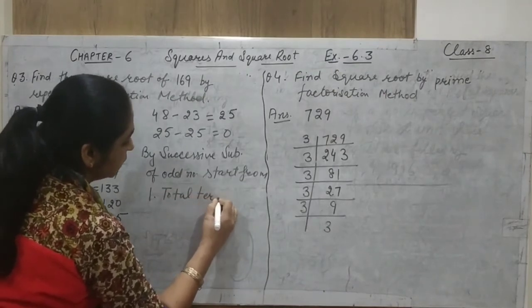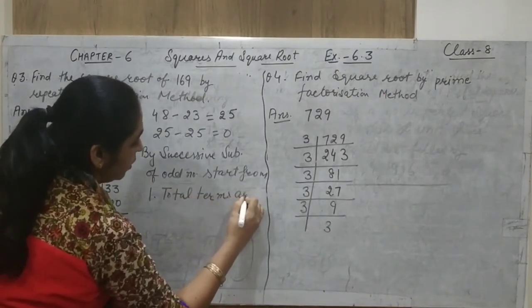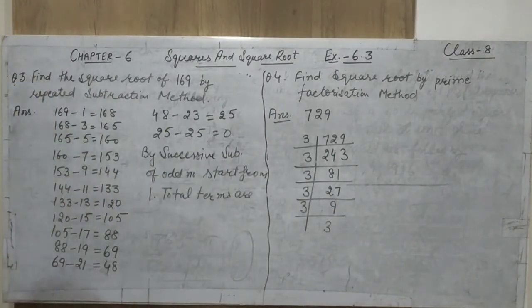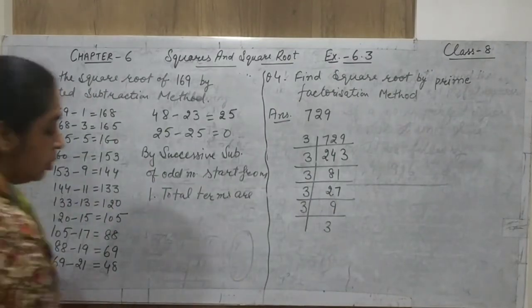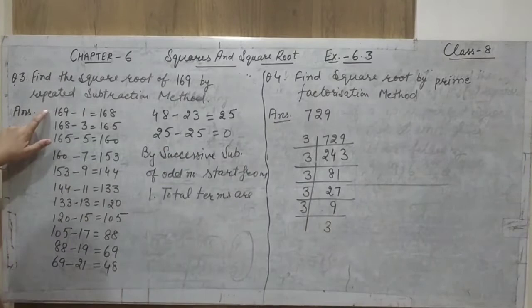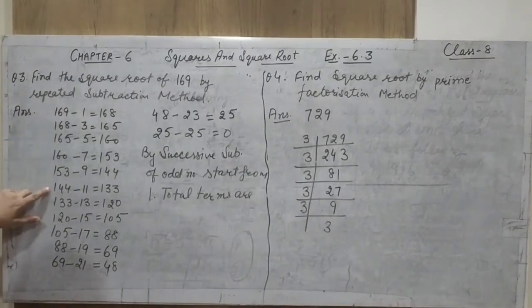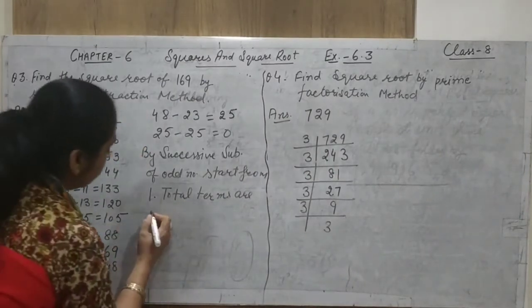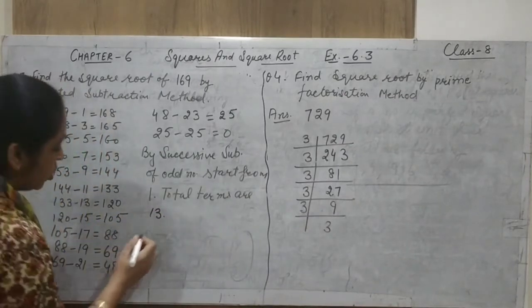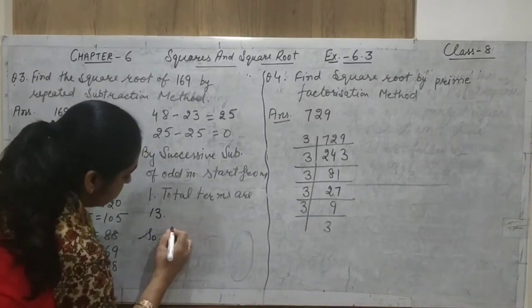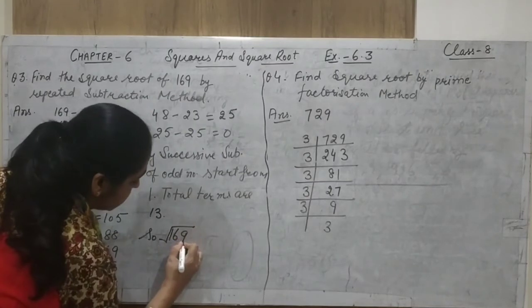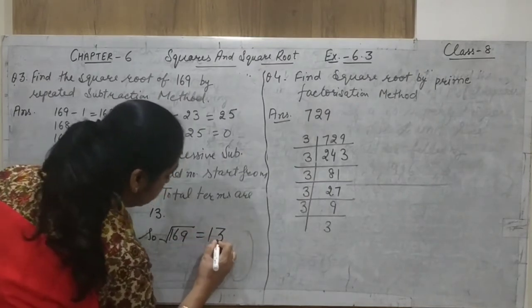How many total terms come? Count the total terms: 1, 2, 3, 4, 5, 6, 7, 8, 9, 10, 11, 12 and 13. We have a total of 13 terms. So we can say the square root of 169 is equal to 13.